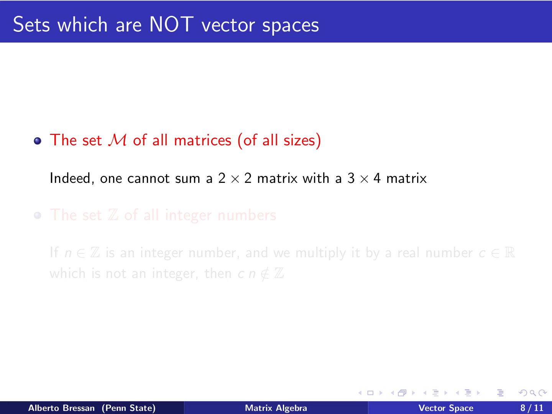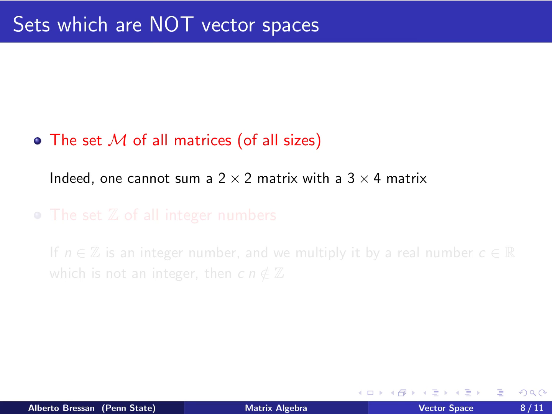Now let's take some examples of sets that are not a vector space. The first example will be the set M of all matrices of all sizes. So any matrix will be in this set. Can this be a vector space?